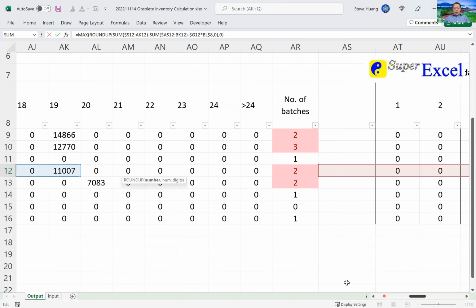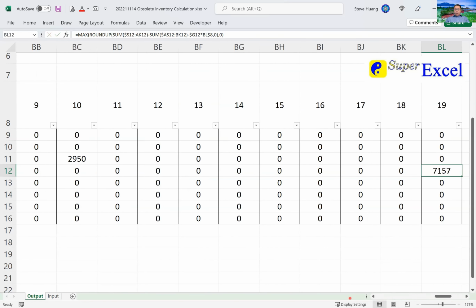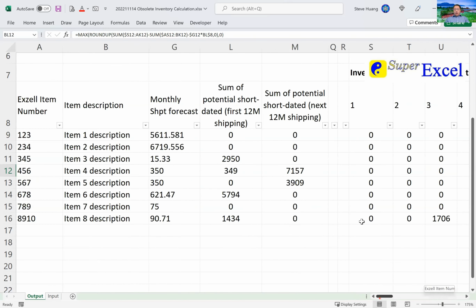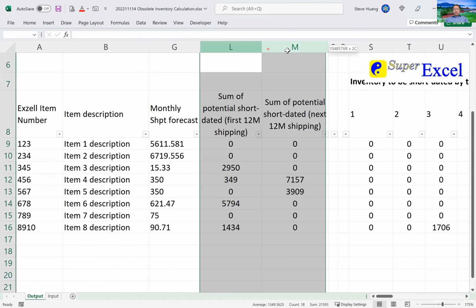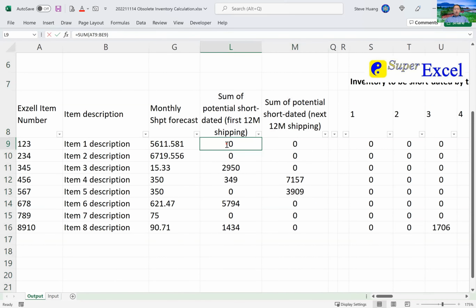I mentioned earlier that for Jennifer, her ultimate objective is to get those two columns. This is just to sum all the short dated amount in the first 12 months, and this is to sum all the short dated amount from 30 months and beyond.